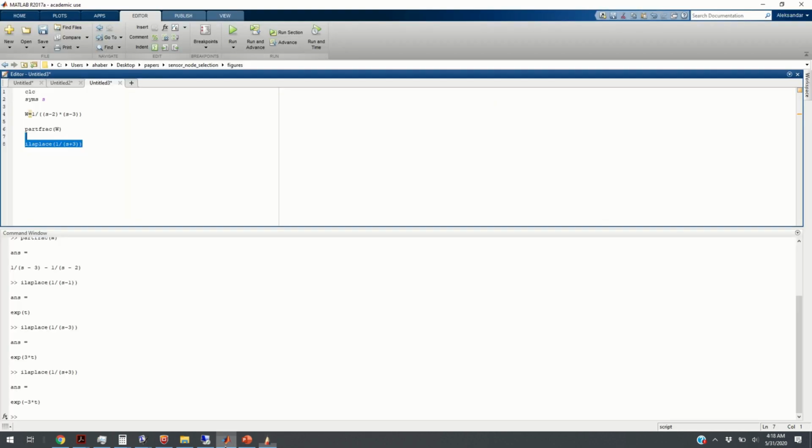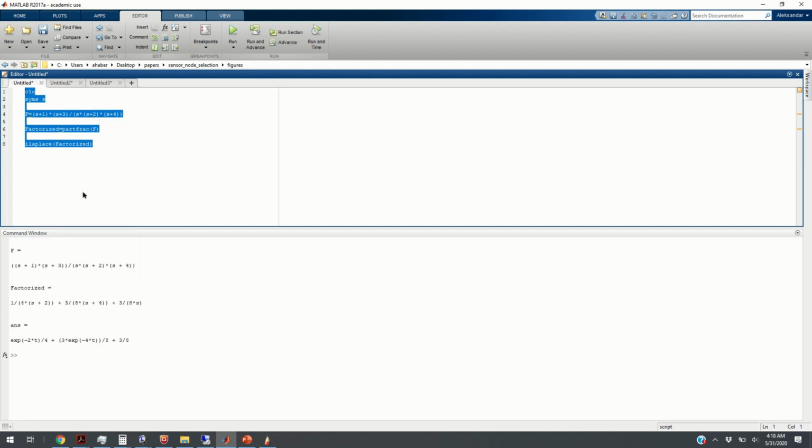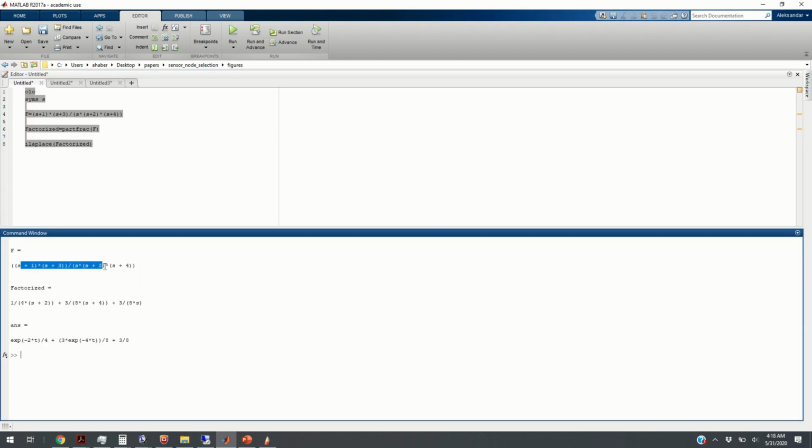Good. Now let us use Matlab to verify this. Here is the Matlab code used to solve this problem, to compute the partial fraction expansion and to compute the inverse Laplace transform. If I execute this code, here is your G(s).